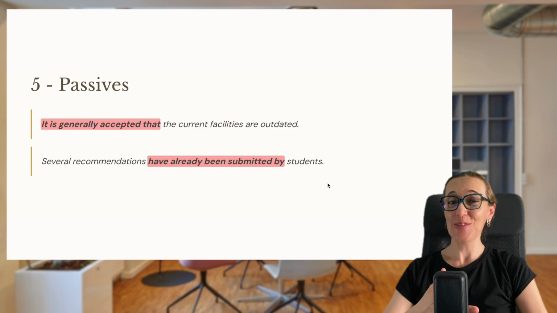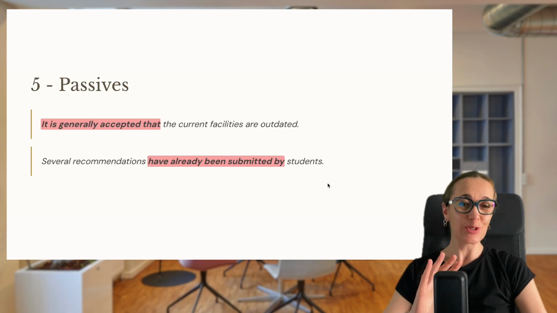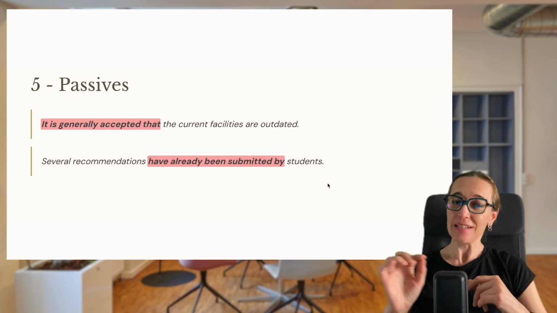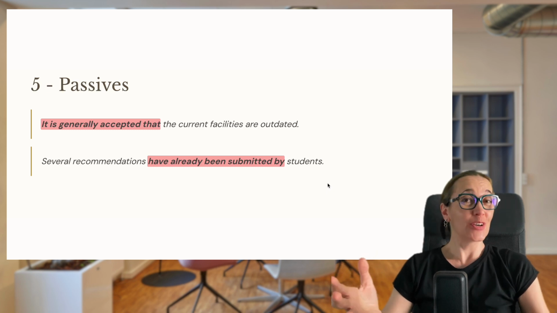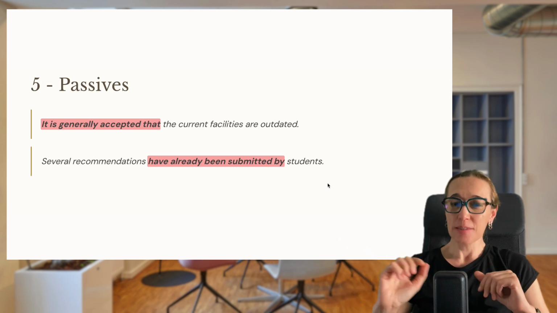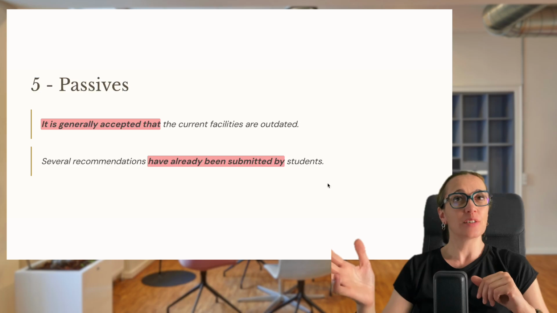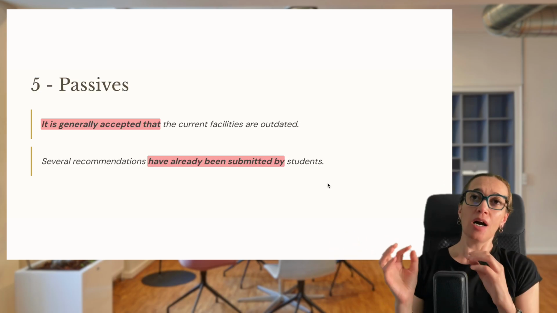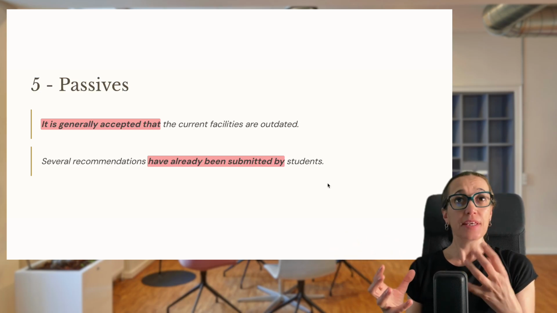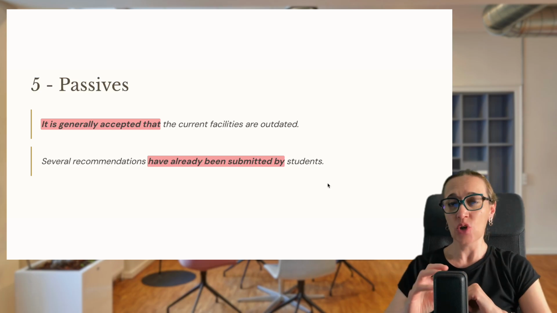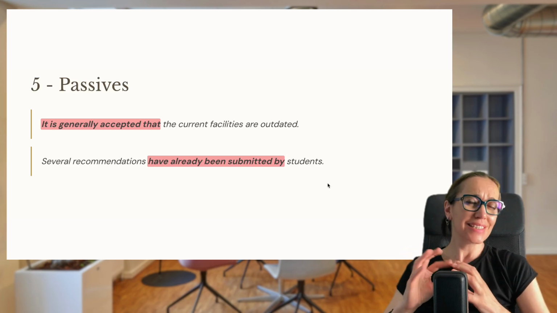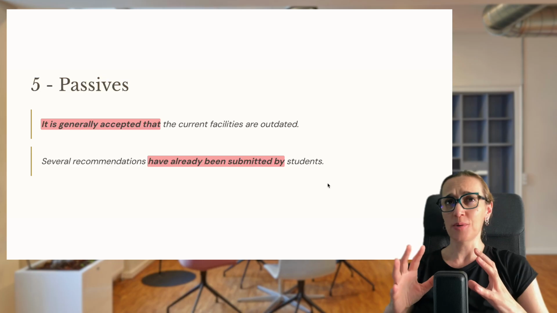And here we are with our fifth grammar structure, passives. The passive is absolutely essential in our formal writing. It makes it more objective and impersonal because we keep the focus on the action or result and not on the person. And this is perfect for formal writing.